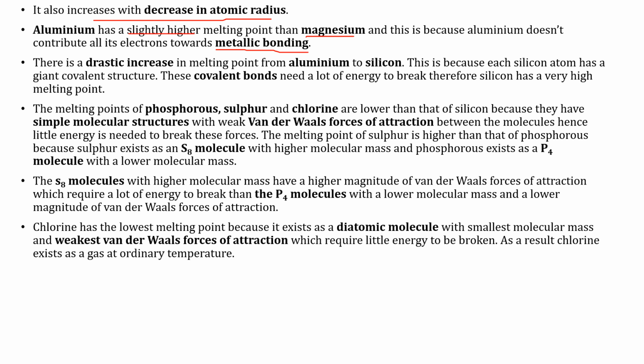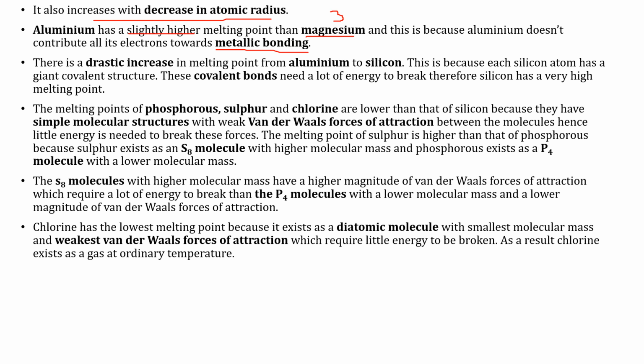Aluminium would have contributed 3 electrons for metallic bonding, but it doesn't contribute all these 3 electrons, implying that in aluminium, melting point will be slightly higher than that of magnesium, just slightly higher. And the reason for that is because aluminium as an atom does not contribute all its electrons for metallic bonding.